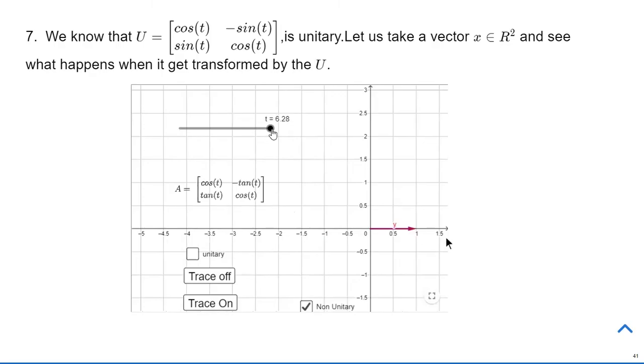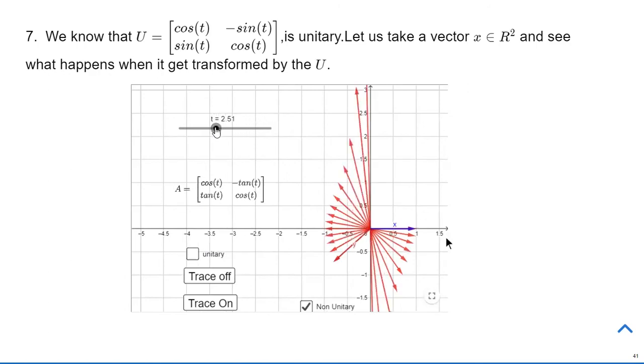Now whether it preserves the length of the vector x, if I apply it on the vector x, see, for no values of x, or there may be some values of x, but in general it doesn't seem to preserve the length of the vector x for all the values of t, right? We might say for some values of t it might be unitary, but for other values of t it is not going to be unitary.